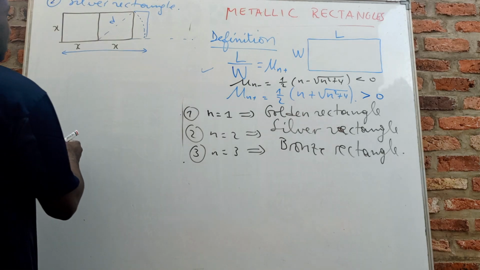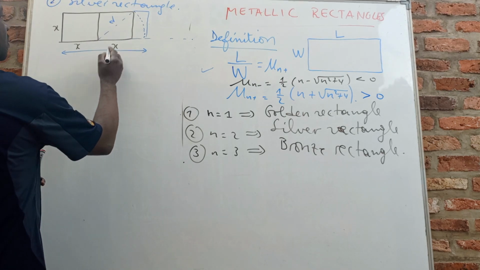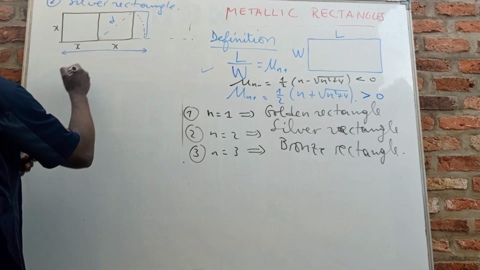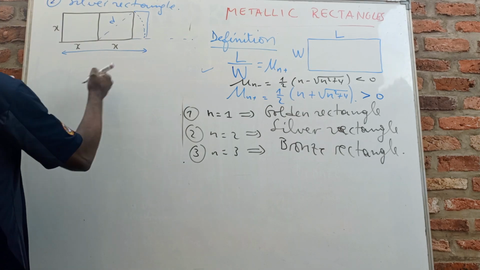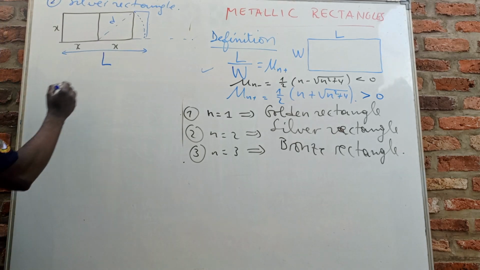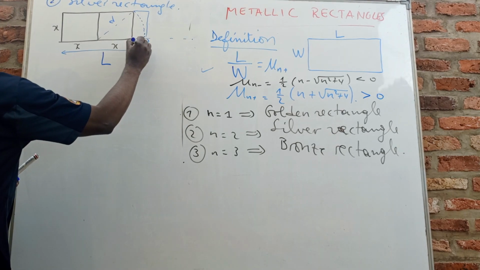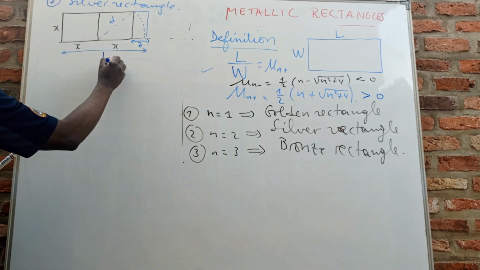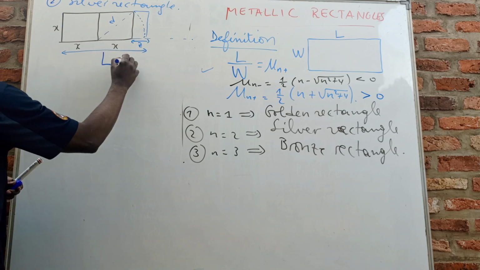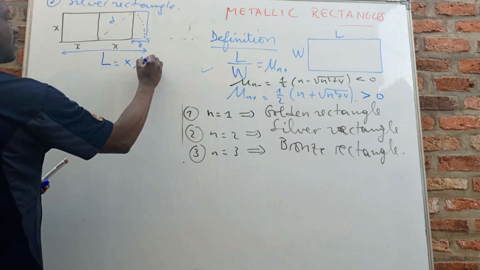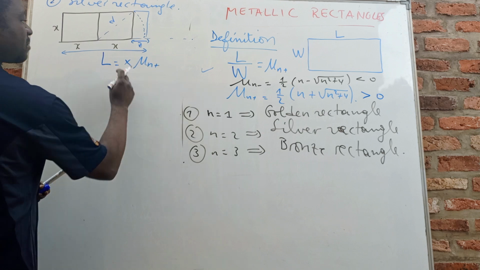So this diagonal, we can calculate it. We are going to prove that this length here, if this part is z, is going to be equal to x times the silver ratio times x.